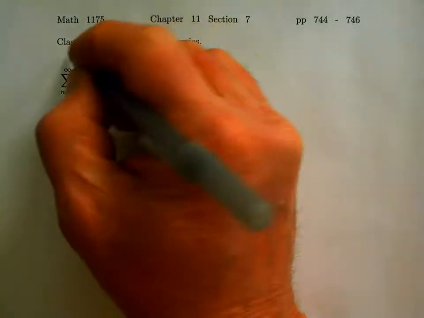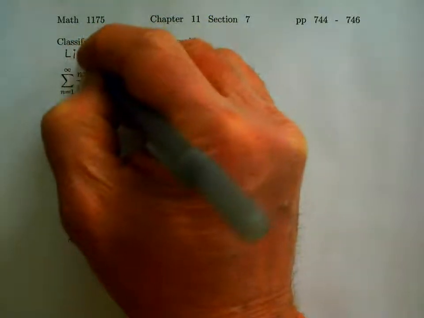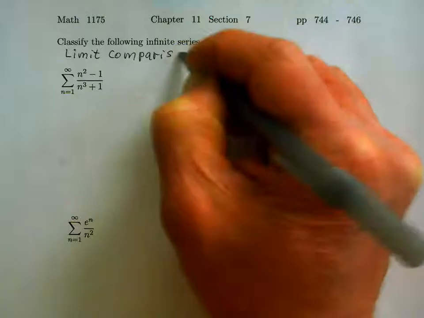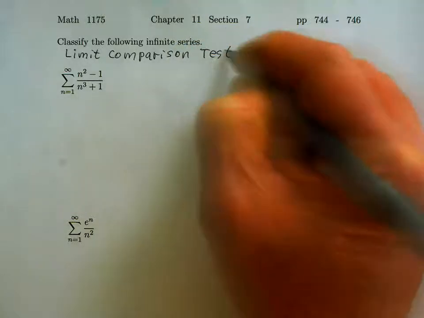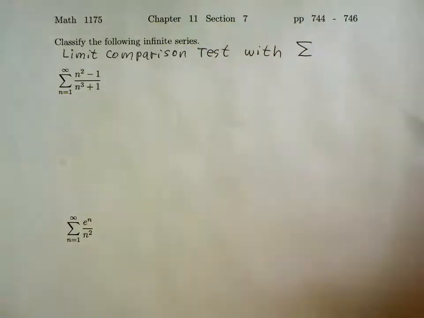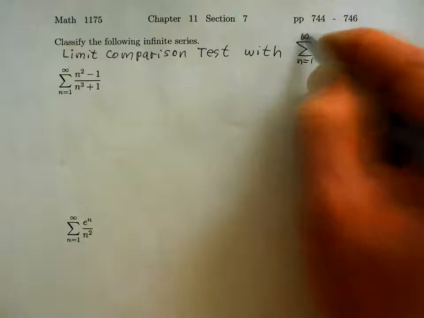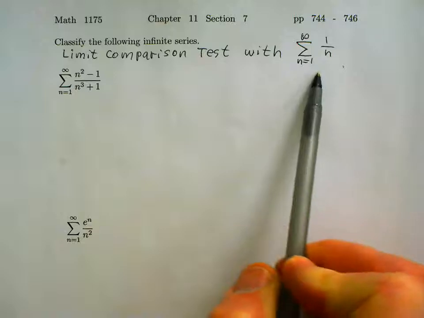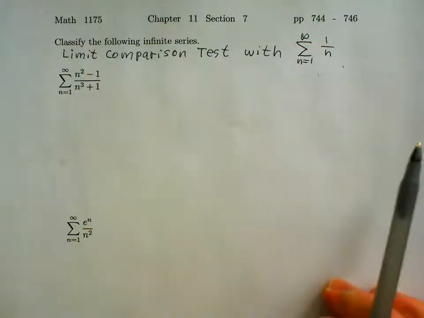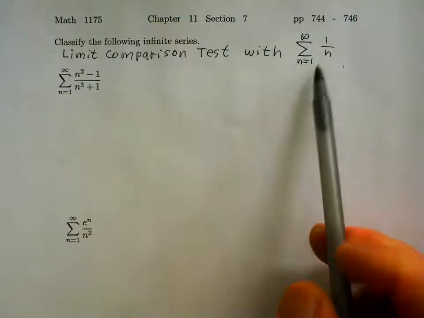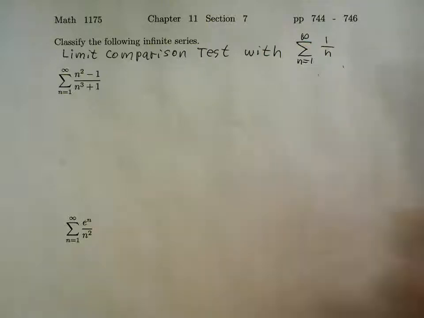So I'm going to try the limit comparison test with the harmonic series, where the terms are 1 over n. So what do we know about this series? Okay, this series is the harmonic series, which is divergent.